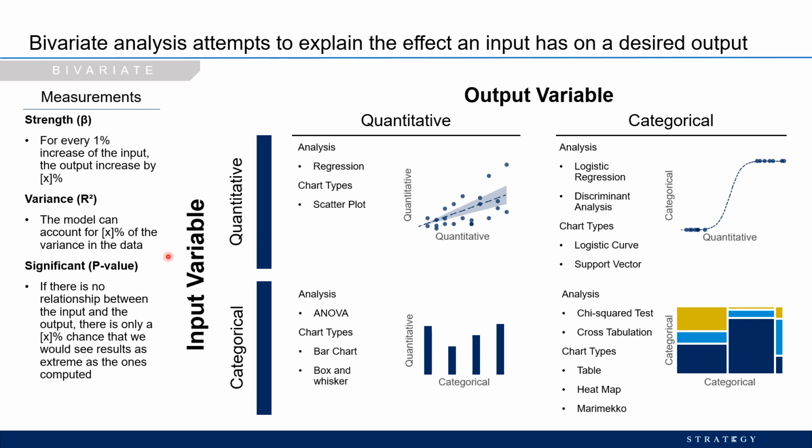Finally, significance. Now, significance is a little bit tricky to understand, but what it's saying is, assuming that there was no actual relationship between our two variables, it measures how likely we would get results as extreme as the ones that we see. I know that's a little bit hard to understand, so I'm going to try to break it down with an example.